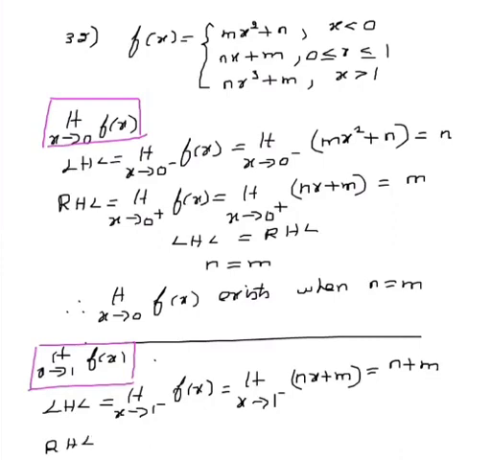Now RHL, limit x tends to 1 plus f of x. We have to use the greater than 1 definition, which is the third definition, nx cube plus m. Substitute x is 1, n into 1 plus m. So the limit exists, that means LHL must be equal to RHL. N plus m is equal to n plus m.